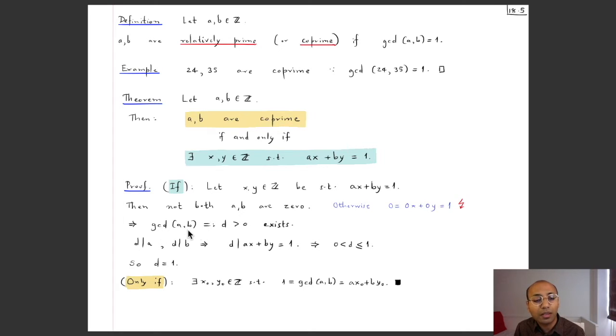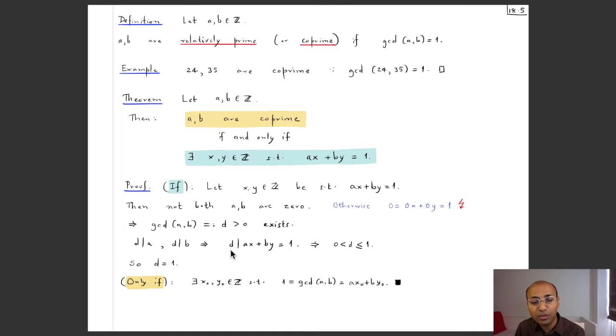So let's call the greatest common divisor of a and b, which we now know exists, as d. So this is a positive number, and this greatest common divisor, being a common divisor, certainly divides a and b, but then it will also divide any combination of a and b with integer coefficients. So in particular with these two integers, we will have that d divides ax plus by, but ax plus by is equal to 1.